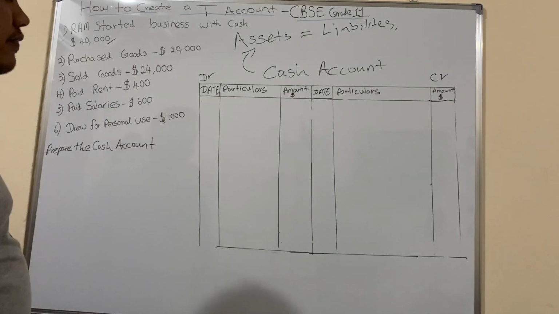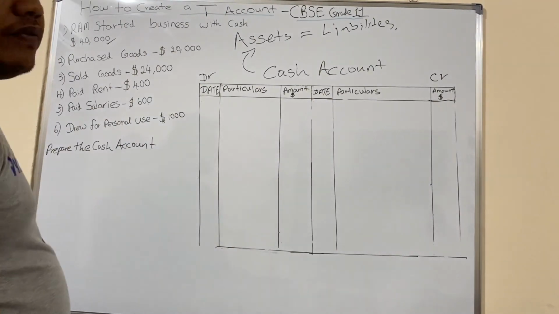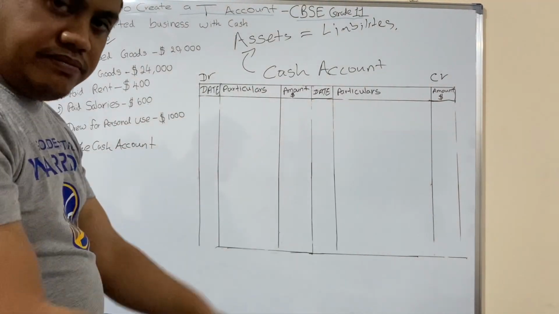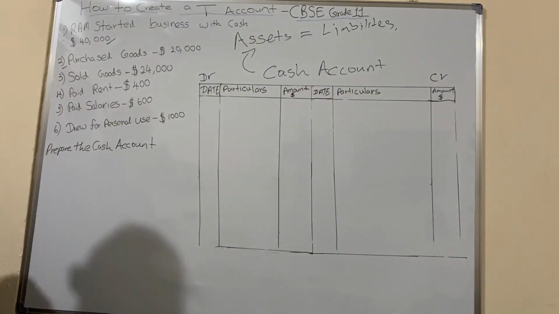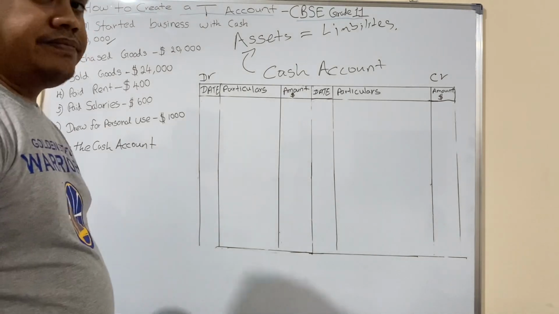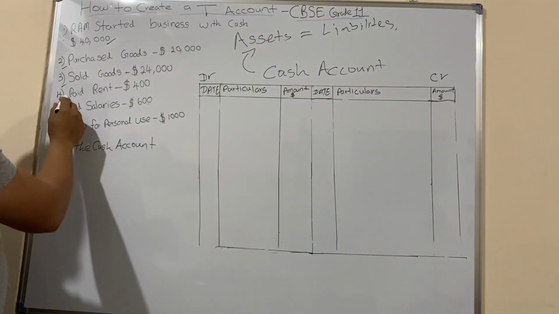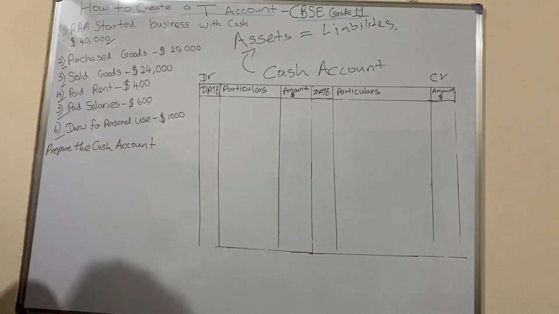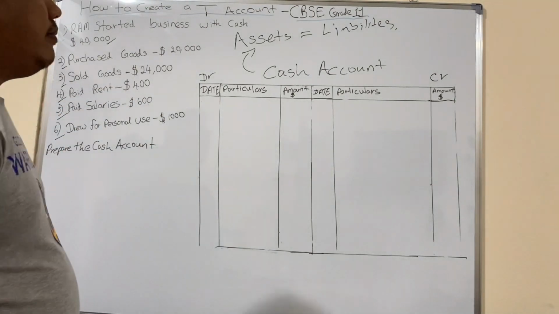So Ram is going to start a business with 40,000, bringing money into the business. Second, purchase goods for 20,000. Then sold goods, paid rent, paid salaries, and drew some for personal use, that means drawings.